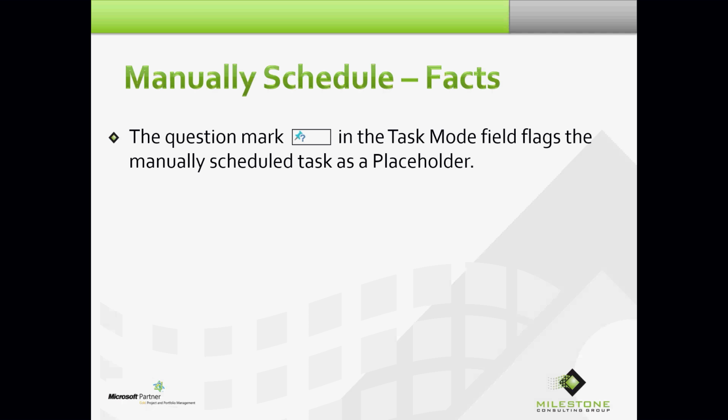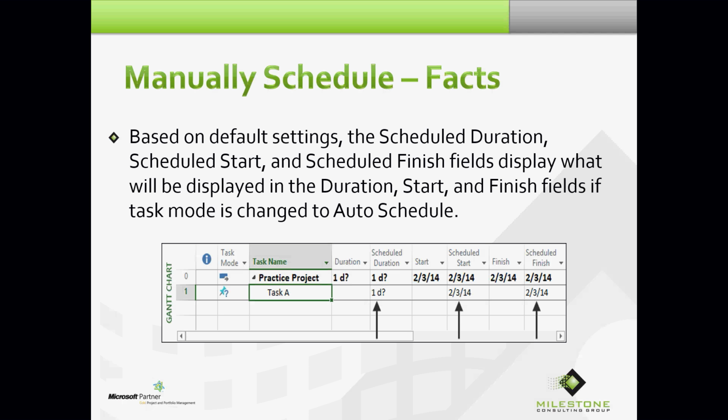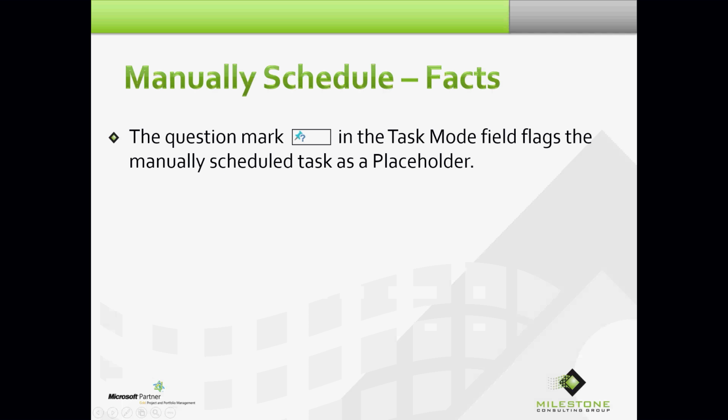The question mark in the task mode field flags the manually scheduled task as a placeholder. Okay, so if I go back here and you take a look at the task mode field and you see the push pin there that represents a manually scheduled task and the little question mark there, that question mark designates that manually scheduled task as a placeholder.